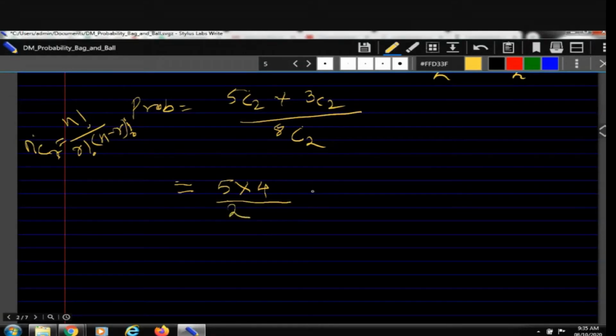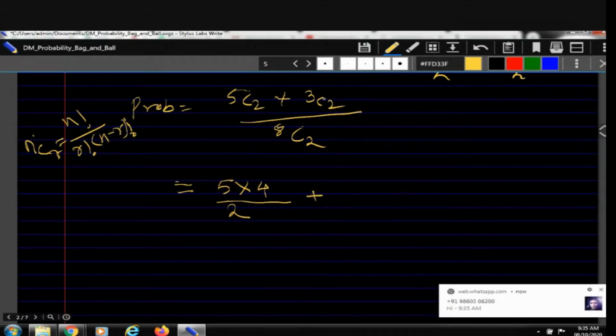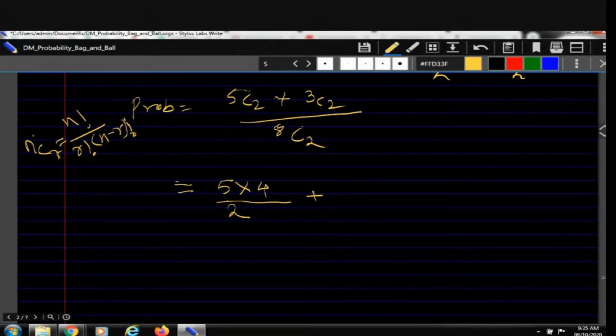So 2 factorial is 2, plus this 3C2. This 3C2 you can write as 3 factorial into, numerator, denominator is going to have the 2 factorial. So it is always equal to 3 only. So this is 3. 3C2 is 3 divided by 8C2, 8 into 7 into 6 factorial, 8 minus 2 is 6 factorial.